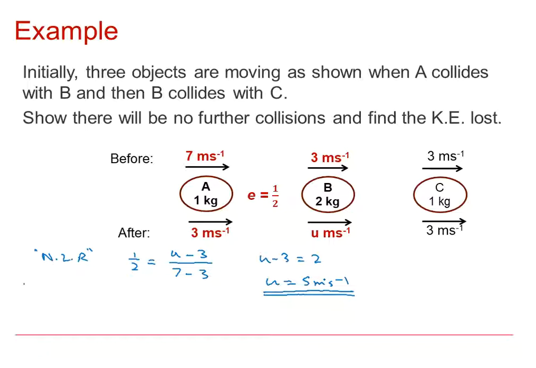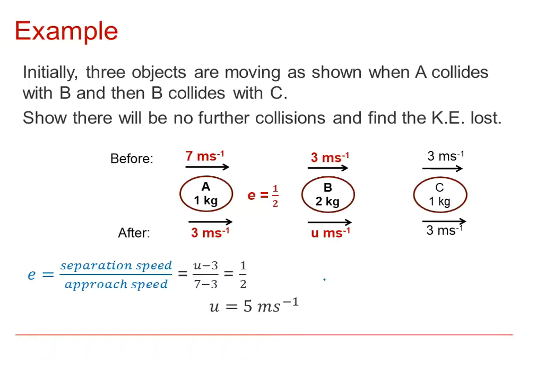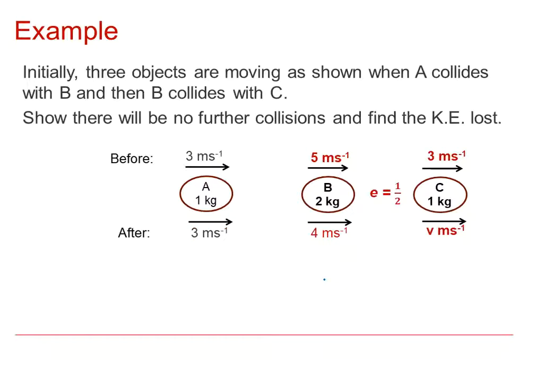So that 5 meters per second is going to be the velocity of B when it now hits C. So I'm going to draw a new diagram now, showing B moving at 5 meters per second and having a collision with C. I don't know the velocity of C after the collision, so I'm going to call it V to the right.